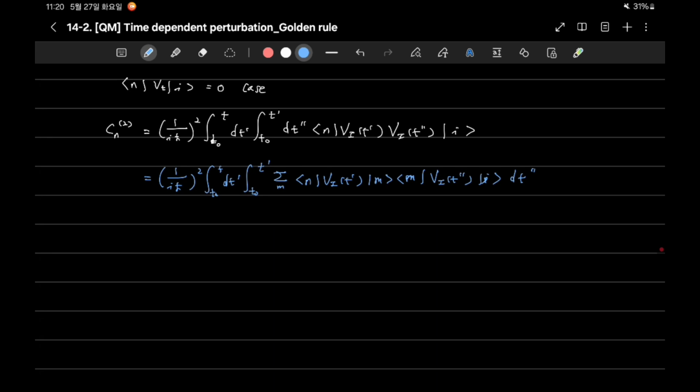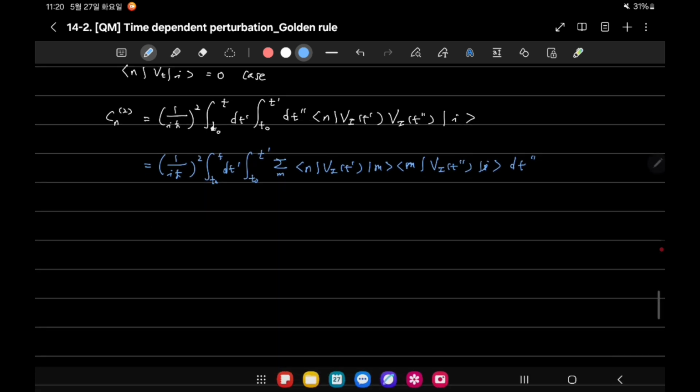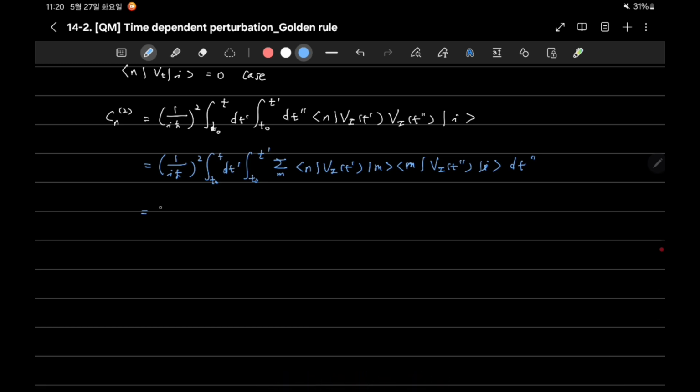Then this one makes 1 over (iħ)², the integral from t_0 to t, dt', the integral from t_0 to t', dt_2', and summation over m.